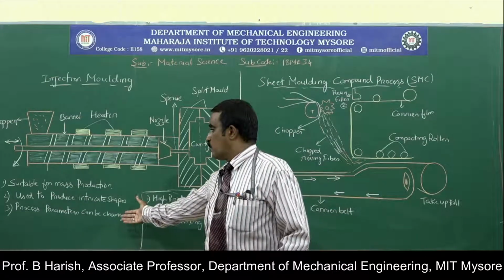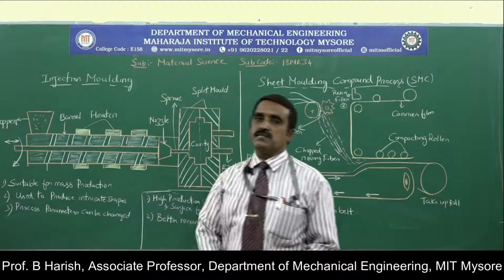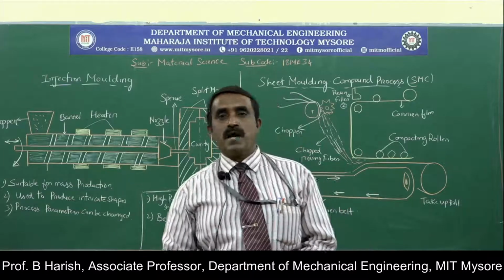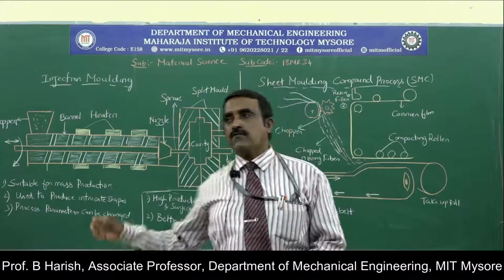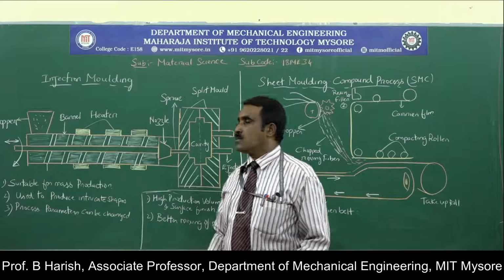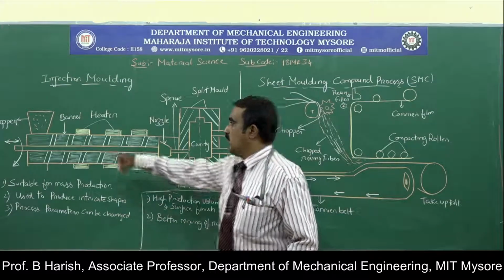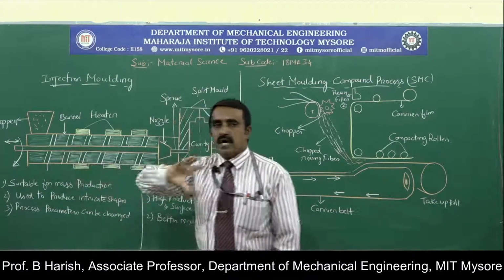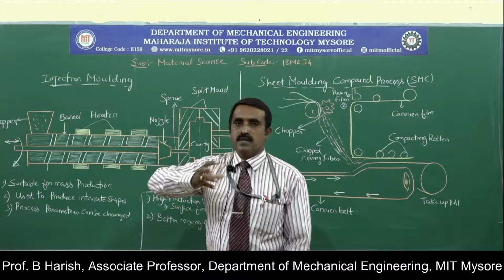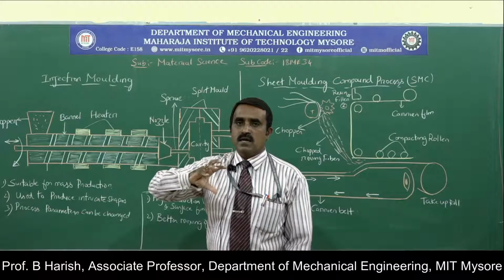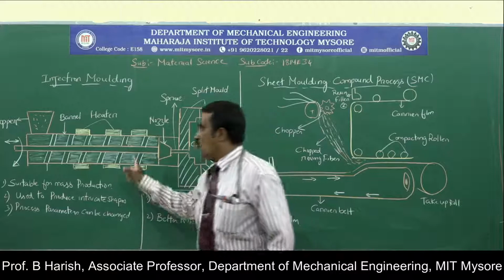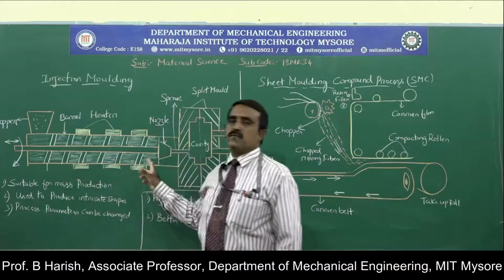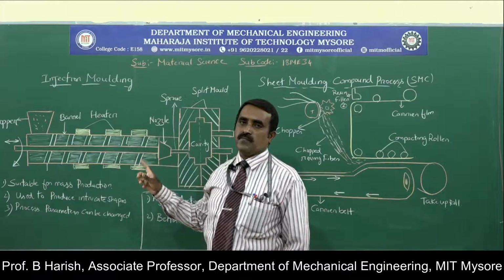The third advantage is that process parameters can be changed easily. In injection molding, the process parameters are the rate at which the piston should be rotated and the amount of material that will be filled inside the barrel.